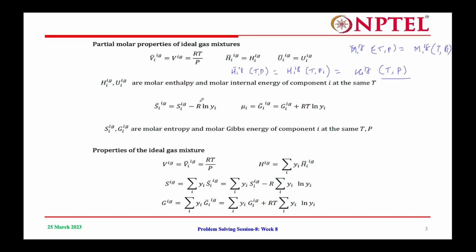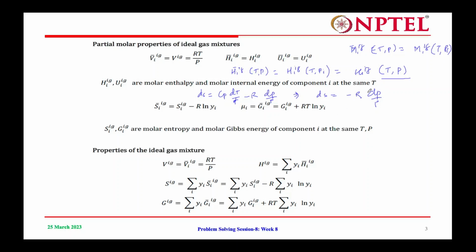Similarly for entropy, we know the equation dS = Cp dT/T minus R dP/P. At constant temperature, dS = -R dP/P.